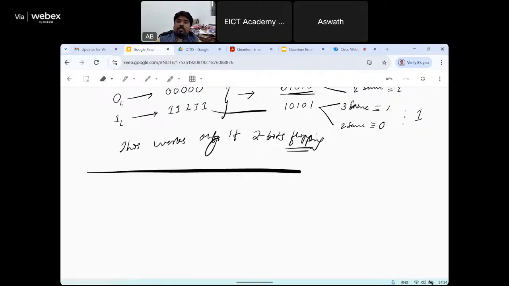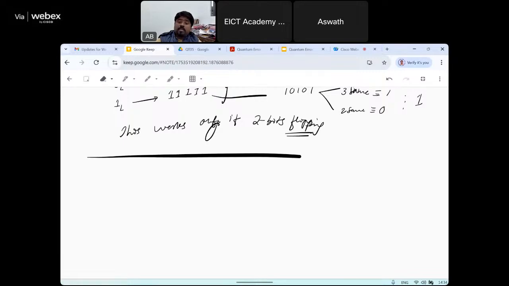In that case, you can find out what the chances of such a scenario are, using probability and statistics. You can write that two or more bits get flipped. In that scenario, you can find out there is a 3p square (1 minus p). Remember, 1 minus p is what?